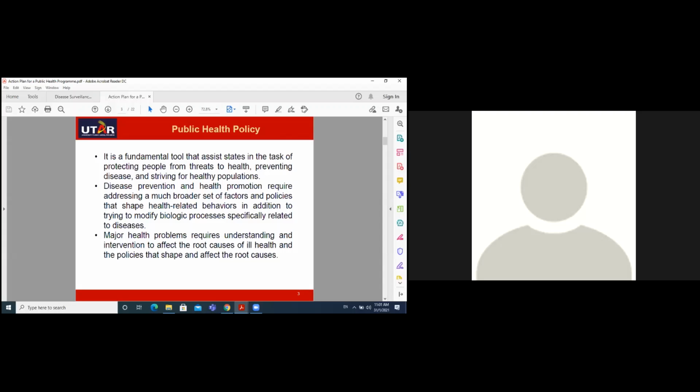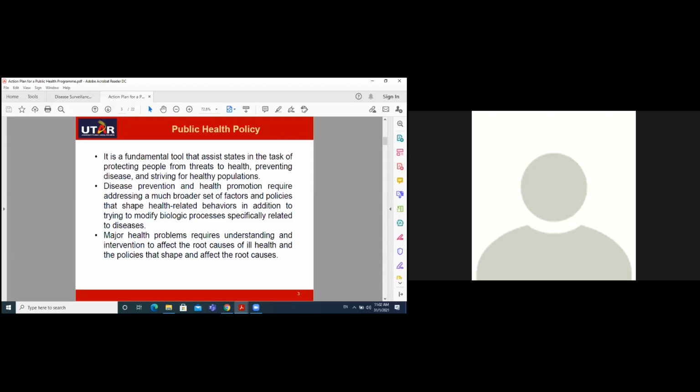So disease prevention and health promotion require a much broader set of factors, or so-called risk factors here. And this public health policy shapes health-related behaviors, either psychological or other health determinants, in addition to modifying biologic processes specifically related to diseases, either communicable or non-communicable disease.